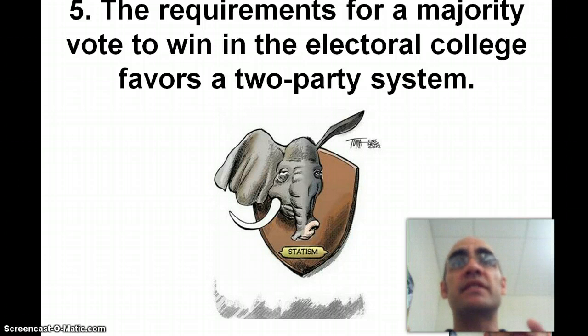Since third parties have such difficulty, as we talked about, they don't have money, they can't advertise, it's hard for people to get to know their candidates. And since in 49 of the 51 places we vote for, including the District of Columbia, it's a winner-take-all system with Electoral College votes, it continues to favor the Democratic and the Republican parties.